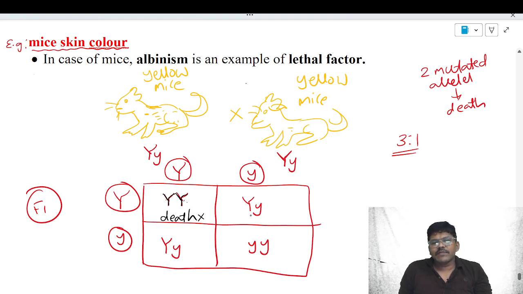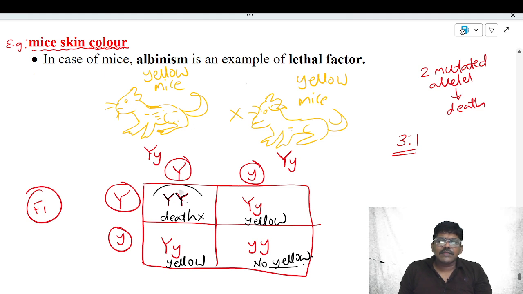Then the mice which contain one capital Y and small y have yellow color. This is also yellow color. In the recessive homozygous condition, there is no yellow color.